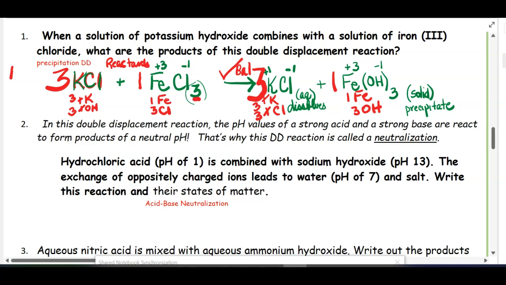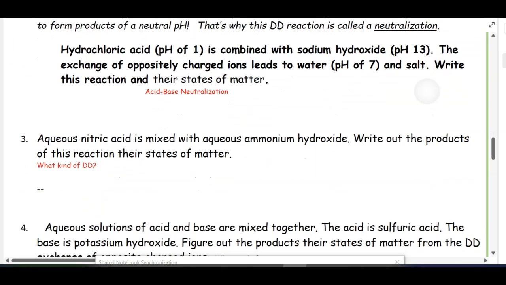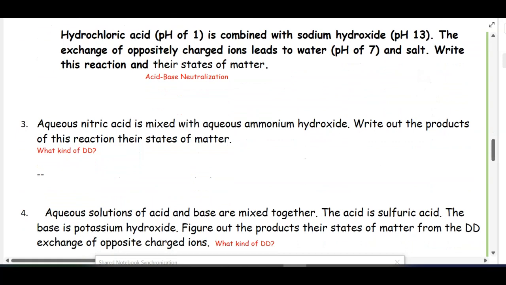All right. Now let's go down here and do the next one. Hydrochloric acid, pH 1, is combined with sodium hydroxide, pH 13. All right, write this reaction, their states of matter, then balance the equation.